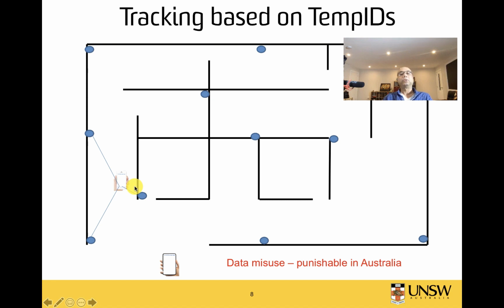They will use something called triangulation, very similar to the cellular network, and then they can figure out where you are in that sort of indoor location. So if other people are also moving in there, they can also be tracked. Now, for this TempID, COVID-specific tracking, these devices have to be configured to capture these TempIDs, and that is illegal.